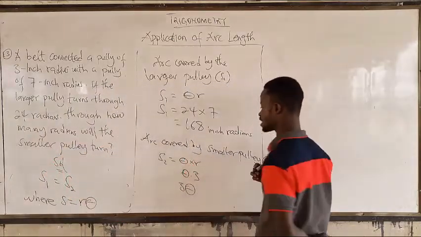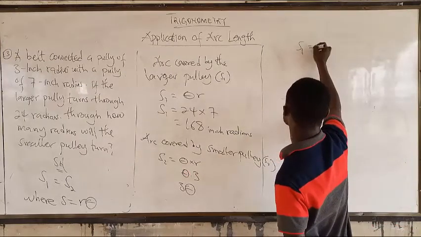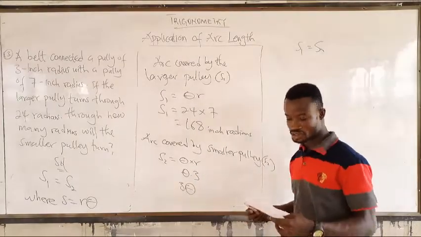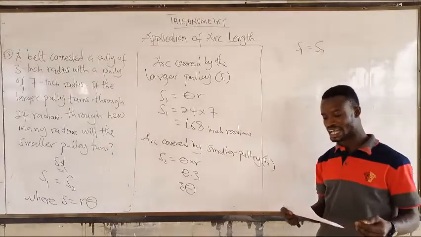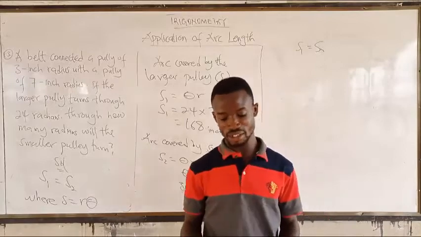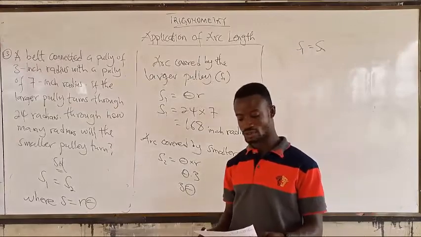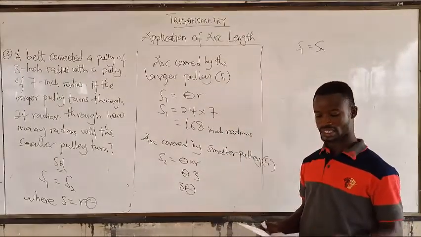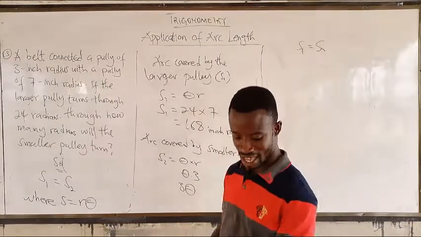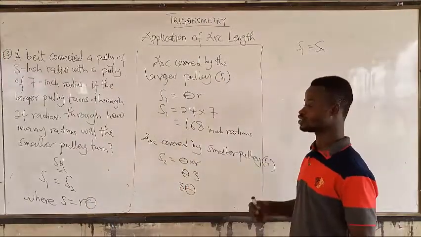For us to get the radians for the smaller pulley, we equate S1 to S2. I have already explained that it is because the two pulleys don't stretch. The distance a point moves on the circumference of the smaller pulley is equal to the distance a point moves on the circumference of the bigger pulley. It's the same idea that we use even if you are talking of gears.